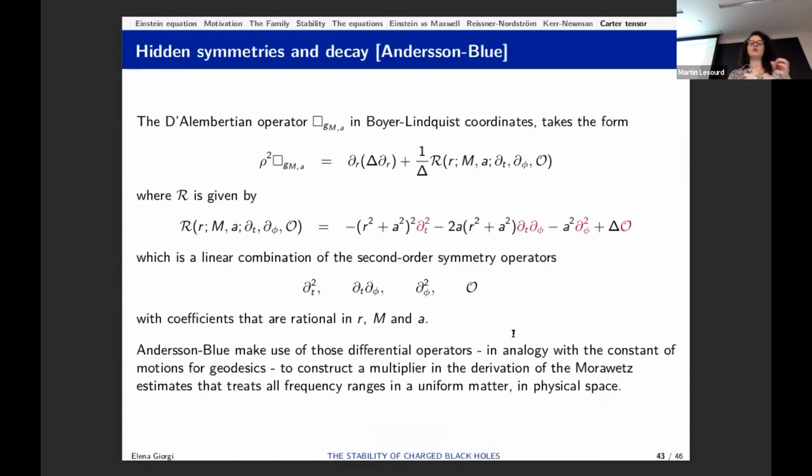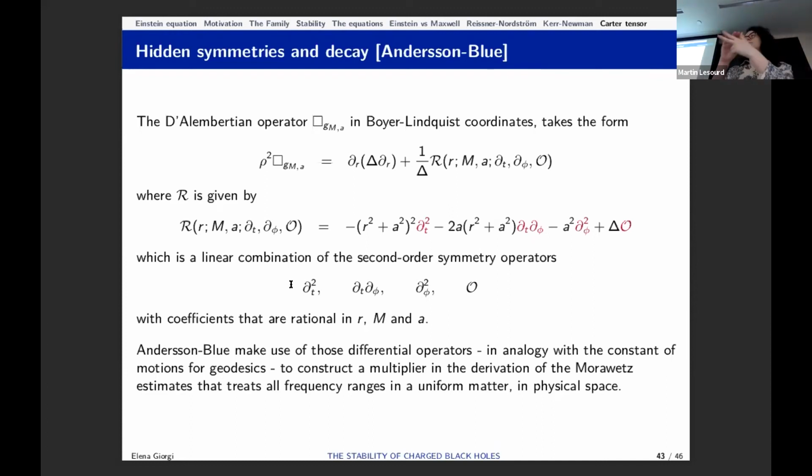And this was used crucially by Andersson-Blue by writing the D'Alembert operator as some d_r derivative, and then an additional second order operator in terms of d_t squared, d_t d_phi, d_phi squared, and O. So in particular, whatever is left in the D'Alembertian can be written in terms of these four second order symmetry operators in Kerr: the d_t squared, d_t d_phi, d_phi squared.